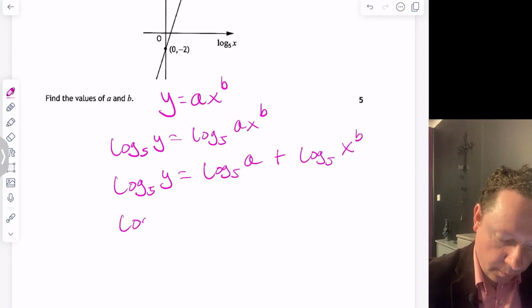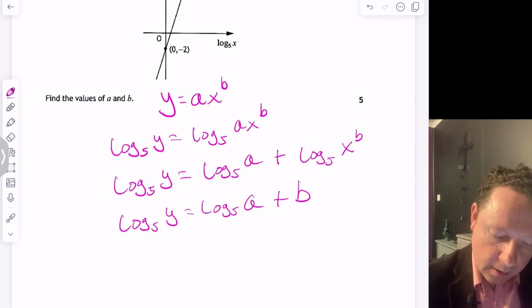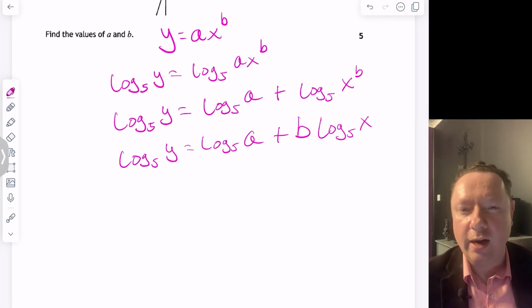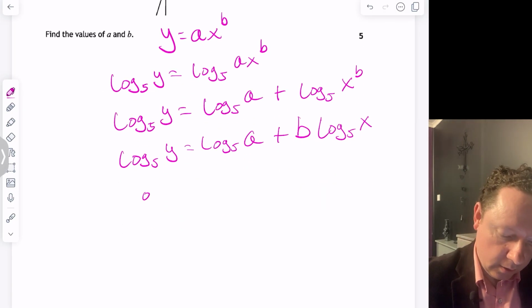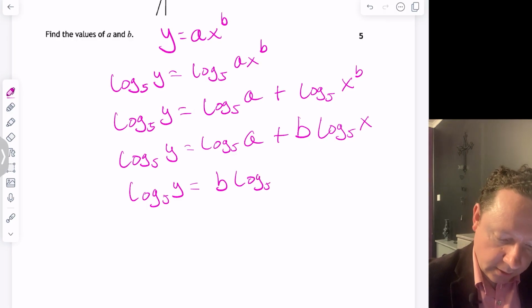So that means log base 5 of y equals log base 5 of a plus b comes out the front, log base 5 of x. And put that in a kind of form of y equals mx plus c. You've got your log base 5 of y. I'll take the x bit first. So b times log base 5 of x plus log base 5 of a.